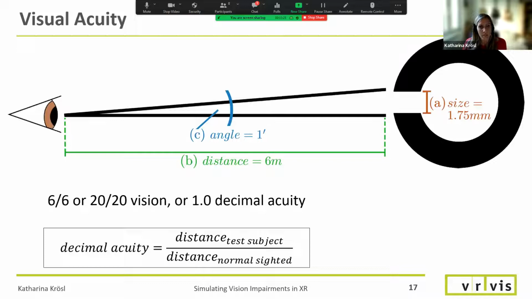So, for example, if my visual acuity is just half as good and I recognize a small detail of 1.75 millimeters only from 3 meters distance, it means that I have a visual acuity of 0.5 decimal acuity. So this means we can calculate which size of small details a person with a certain visual acuity should be able to recognize at a certain distance. And this is very important for our approach.